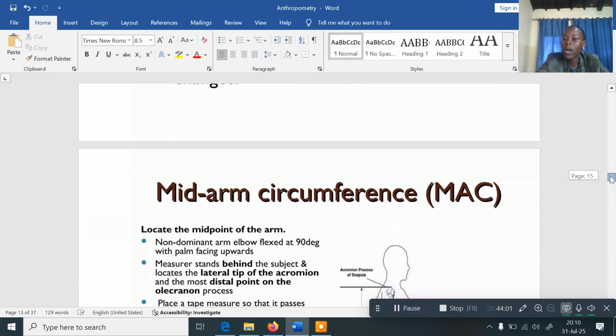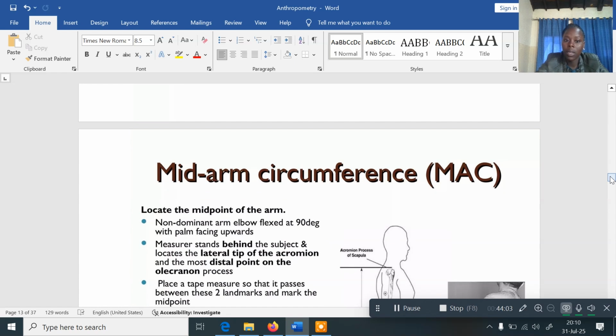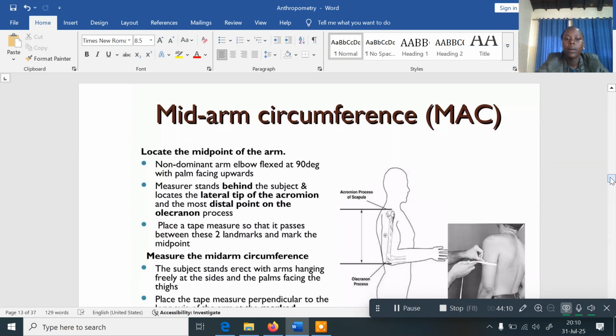So next we are going to look at how we take our mid-upper arm circumference. The technique we follow is, one, we first locate the midpoint of the arm. And how do we locate the midpoint of the arm? We use the non-dominant hand. When we are measuring the mid-upper arm circumference, we use the non-dominant hand of a patient or of a child.